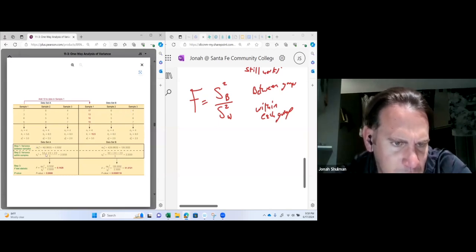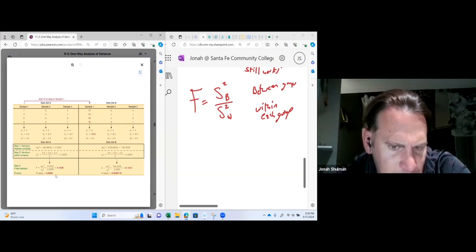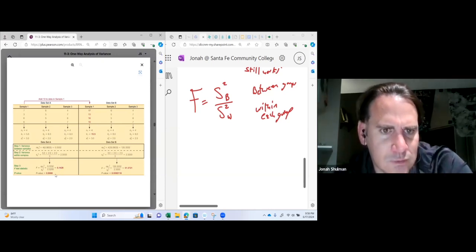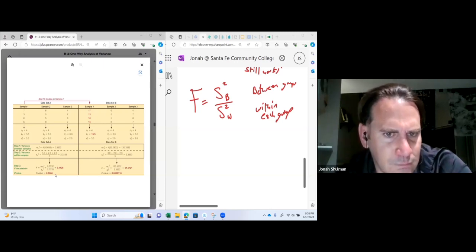There's the variance between, the variance within, and we have much different F statistics and different p-values. Okay, that's cool.